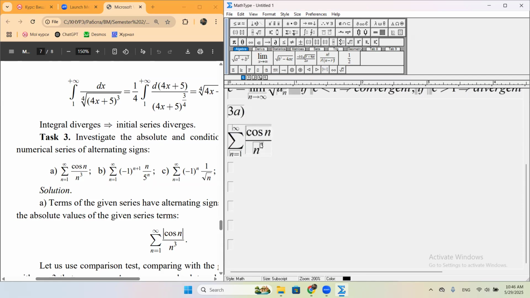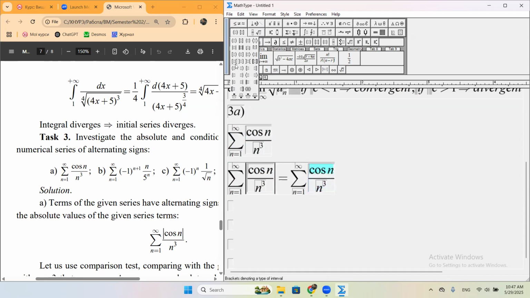We can see that cosine always changes its sign. Now let's look at the series which is formed by modules. n is always positive, so we can just write it down like this.